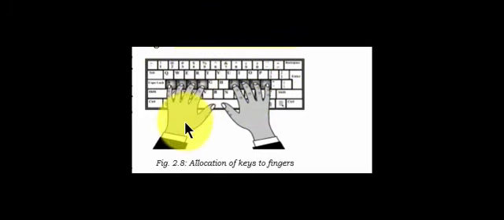The fingers of both the hands have to operate the keys allotted to them on each row. It must be remembered that each finger has to operate only the key allotted to it.